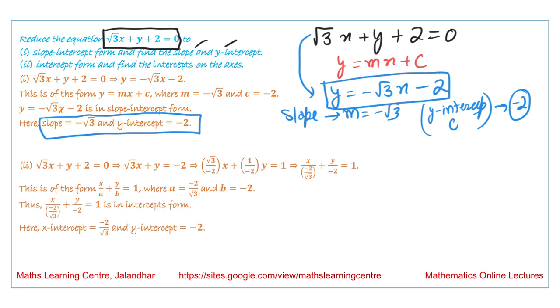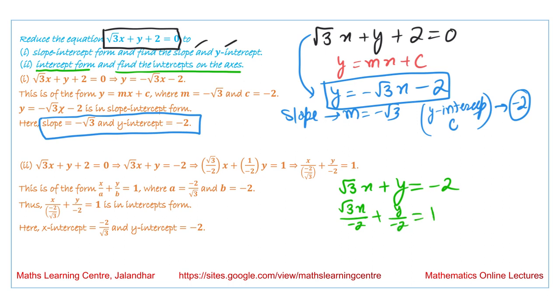So these are the values of slope and the y intercept, and this is the equation that we have in the slope intercept form. In the second part we have to reduce it to the intercept form and find the intercepts on the axis. So we are writing it is root 3x plus y, that is equal to minus 2. If we divide this equation by minus 2, we get root 3x by minus 2 plus y by minus 2 is equal to 1. So this implies x over minus 2 by root 3 plus y over minus 2, that is equal to 1.